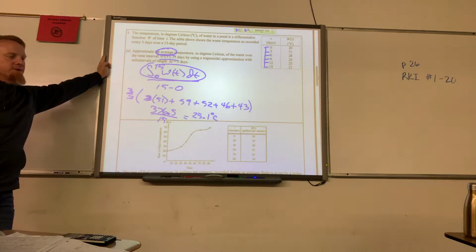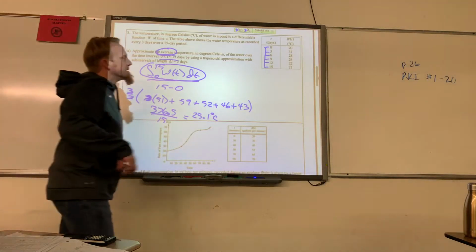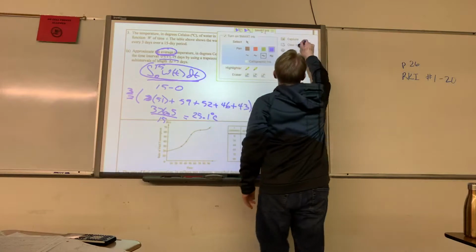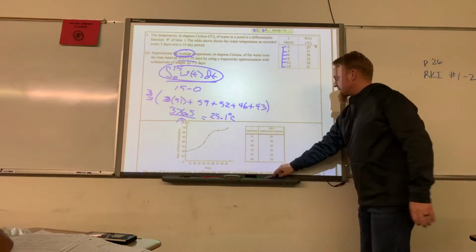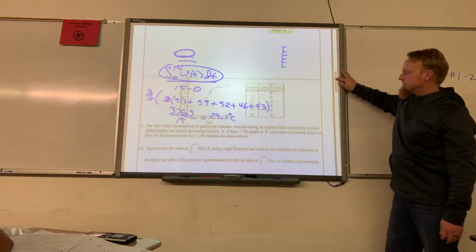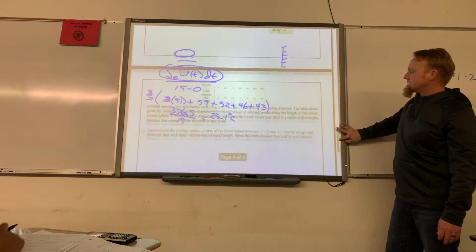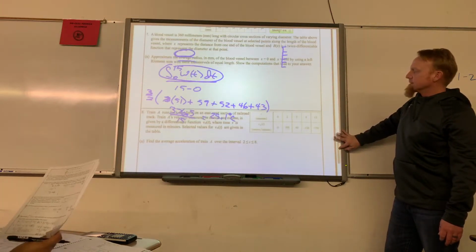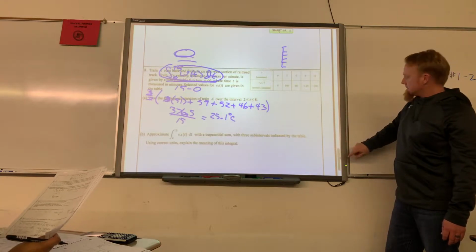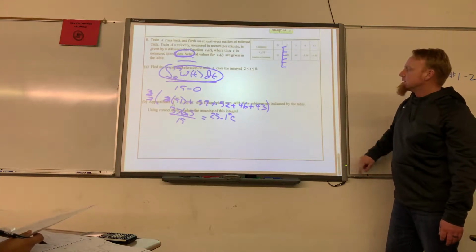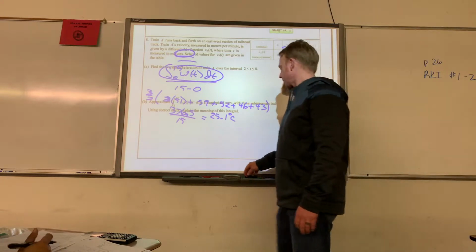There's a problem on here we'll look at that answers your question. As long as it's not a trapezoid as well, because one of these has negative values in it. No, it's the very last one. It's a trapezoid though. What about number 1?